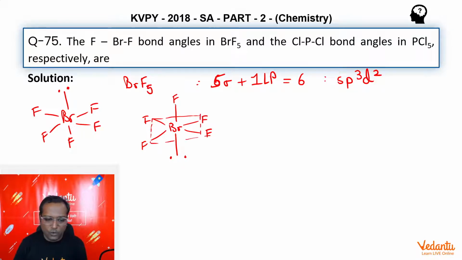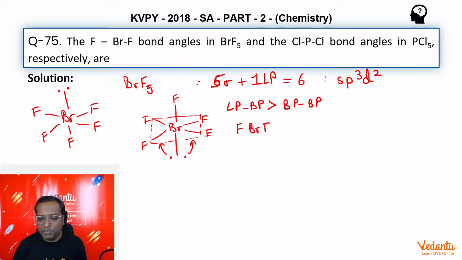Above them is 1 fluorine, below them is 1 lone pair. Now, because lone pair-bond pair repulsion is more than bond pair-bond pair repulsion, these Br-F equatorial bonds will be pushed upwards.